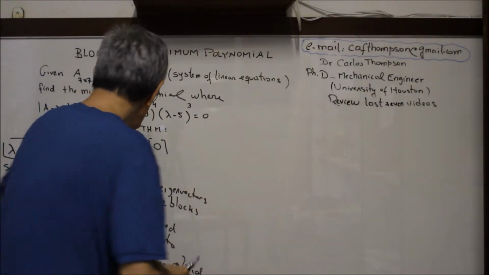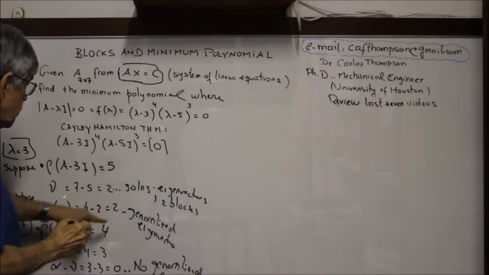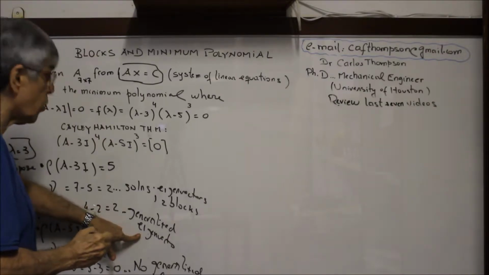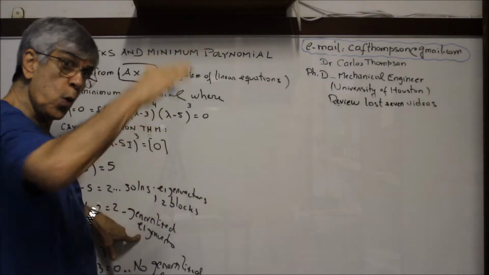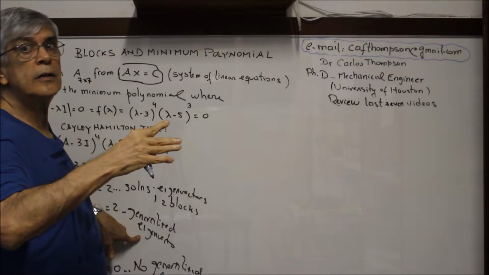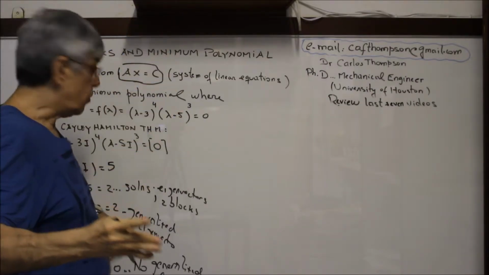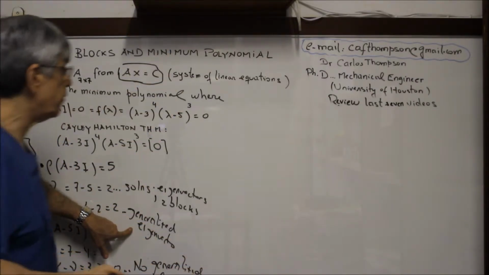Look, I have 2 solutions and 2 generalized eigenvectors. So I have to put 2 ones on the superdiagonal because I have 2 generalized eigenvectors.